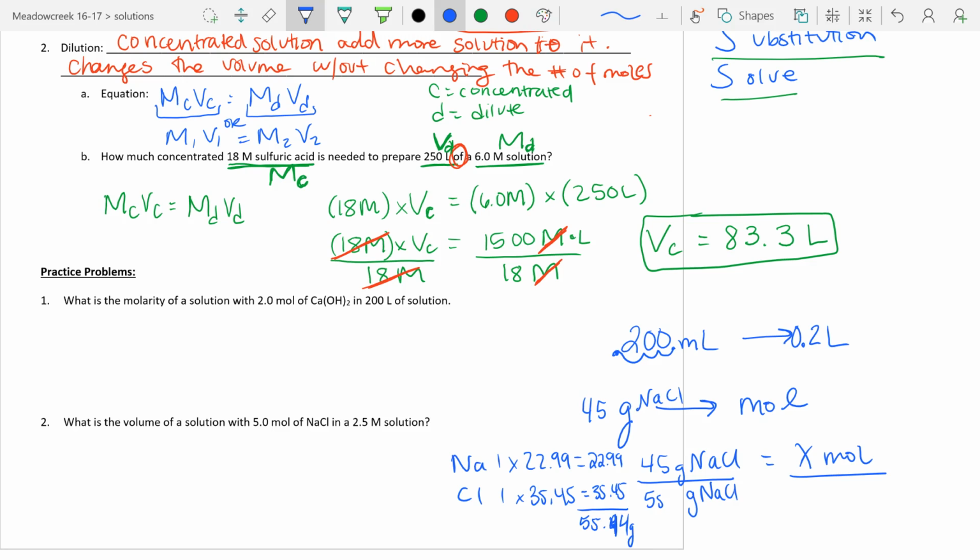And that gets plugged in right here. I'm going to draw a line here so we can keep this work separate. And then anytime you have moles, you're going to write mole on the bottom, and it's always multiplied by 1.